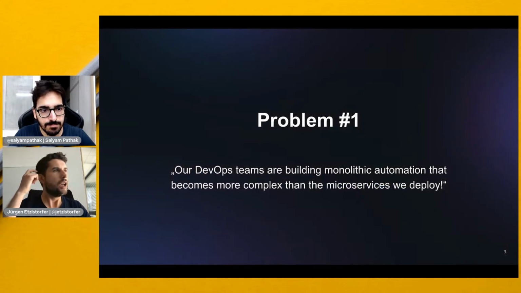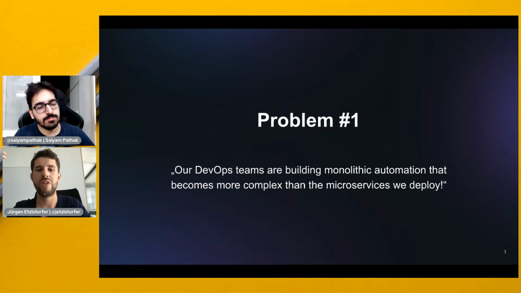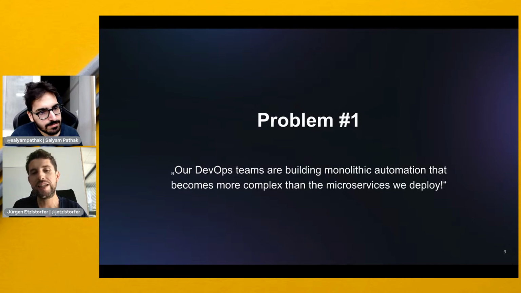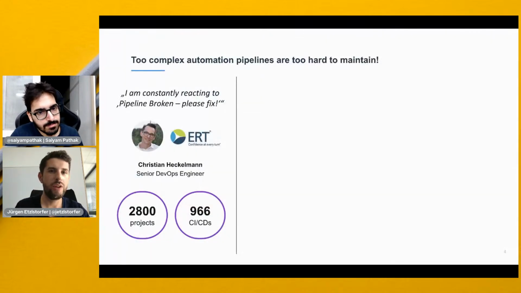So actually, which problems do we solve with Keptn, and why might you want to use Keptn? I have 3 examples here. And the first one is really the problem of delivering applications and building monolithic automation. We've heard this from one of our adopters from the company called ERT, and Christian.